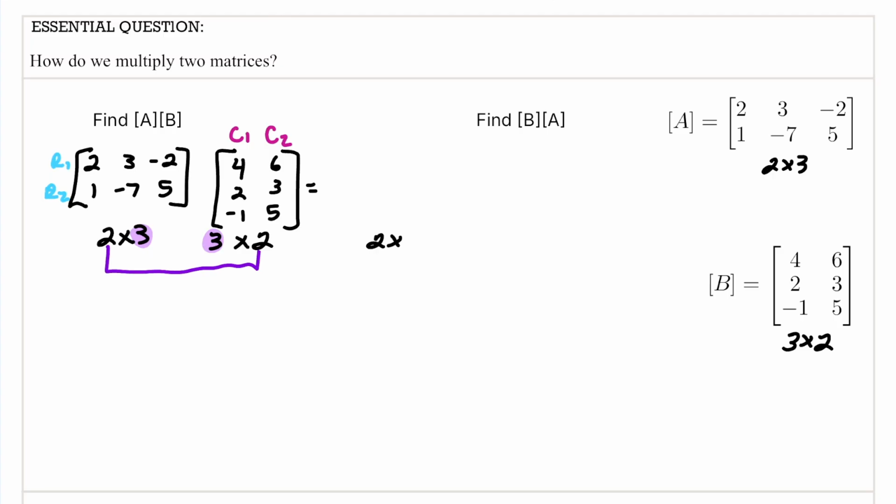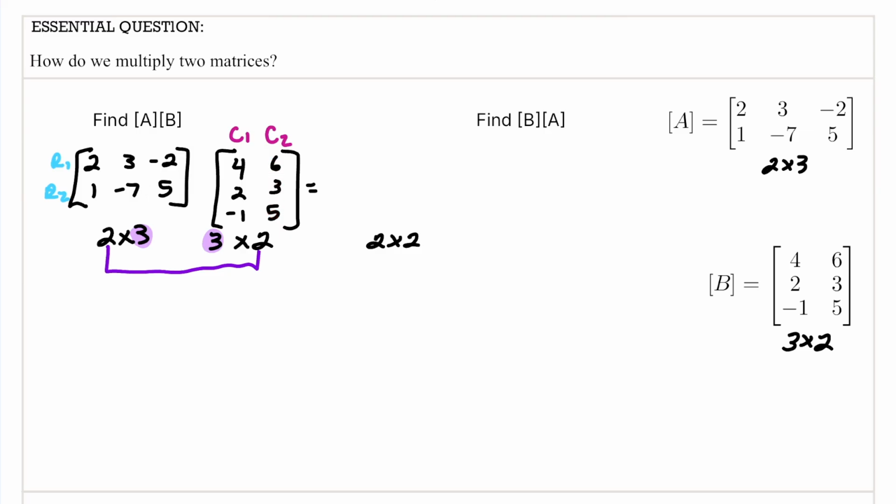So our product is going to be a 2 by 2 matrix. So then the way this works is we're going to multiply row 1 by column 1, then row 1 by column 2, then row 2 by column 1, and row 2 by column 2.